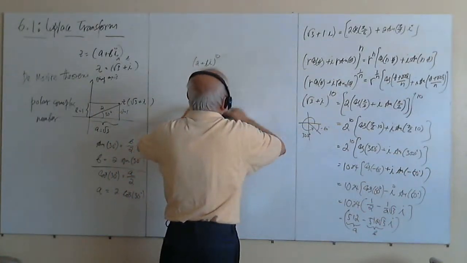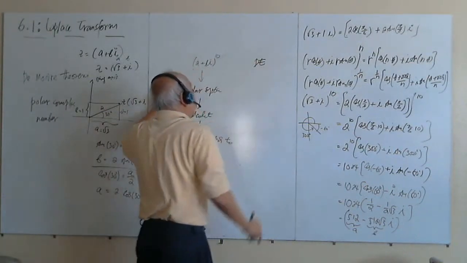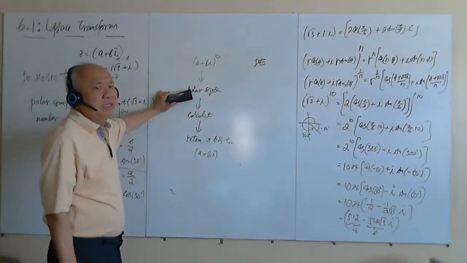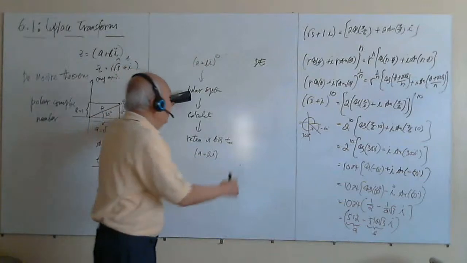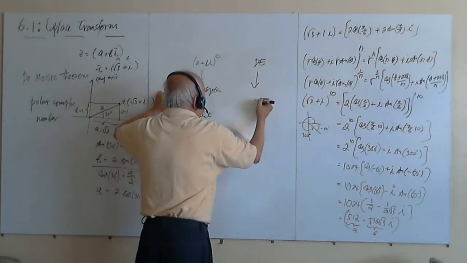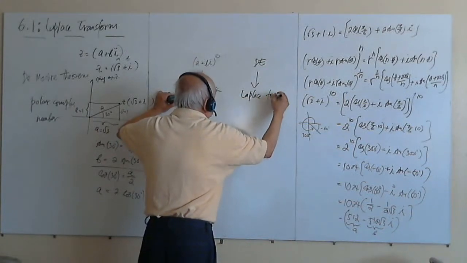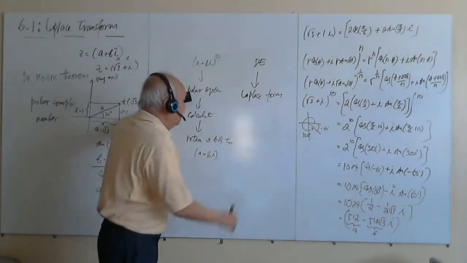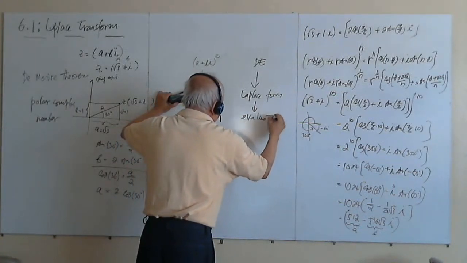In terms of the Laplace transform, it is like this. Sometimes you have a DE here, right? And sometimes the DE is not possible to solve directly. So we have to convert it into what we call the Laplace form, okay, and do the calculation, evaluate.